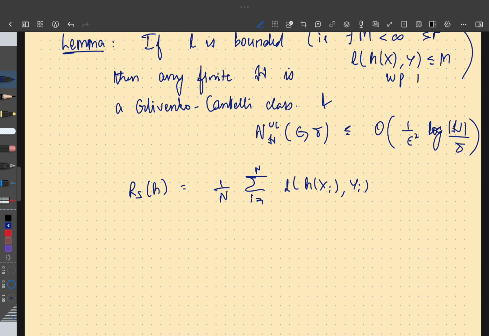So this is nothing but a sum of IID random variables. The xi, yi's are all IID. We assume that the data set is an IID data set. We don't know what the true distribution is, but we certainly know that this is an IID data set. And we know that each of these L of h of xi, yi's are bounded random variables.